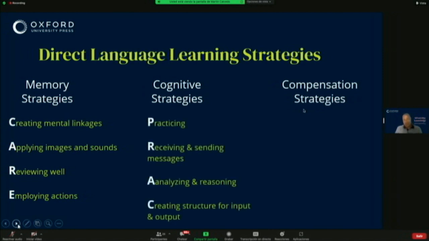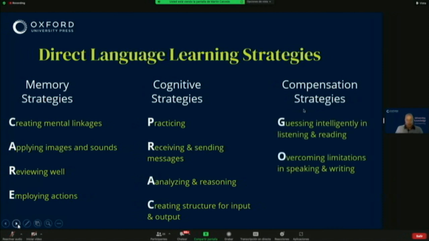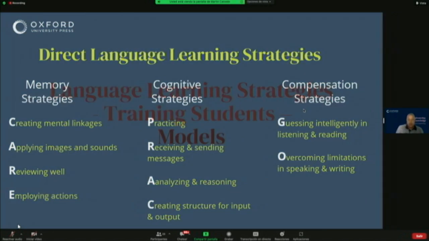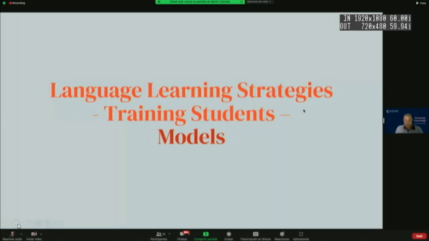So these are some of the many, many strategies that we can start using. But our message here is that let's remember that our job is to teach them how to use them, to train them, to bring this into our teaching per se.